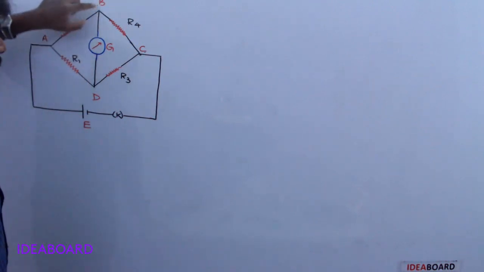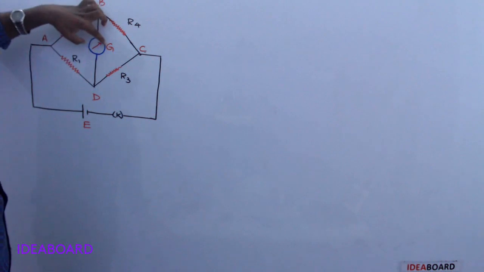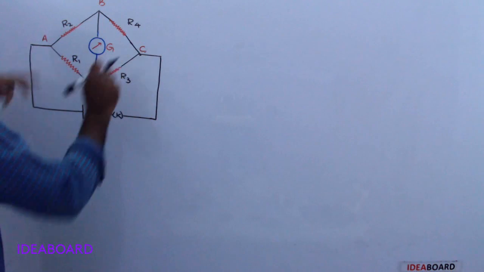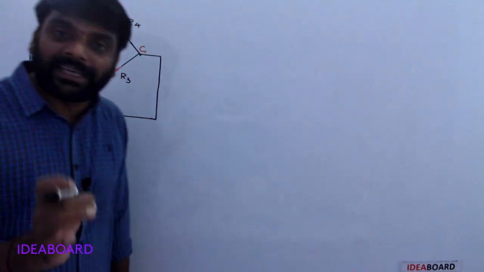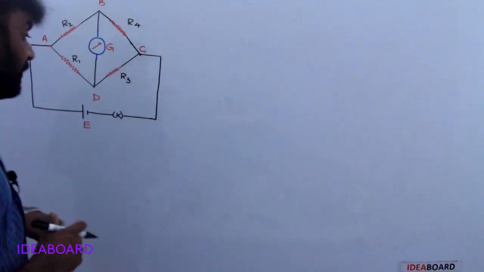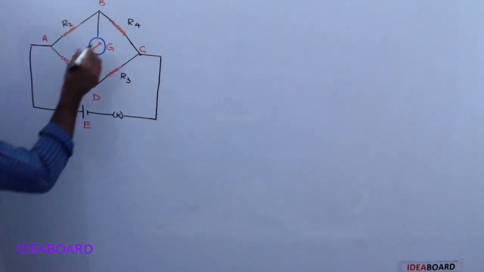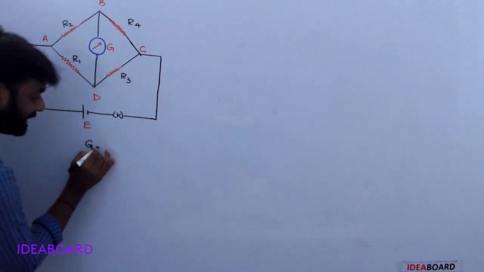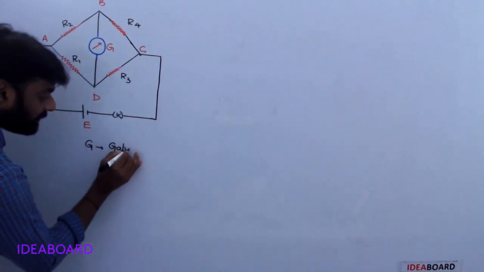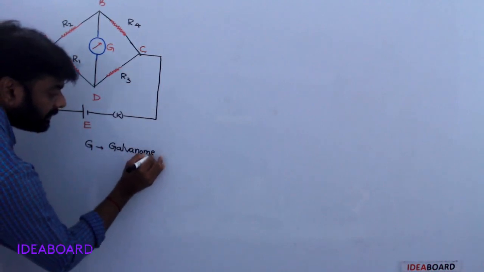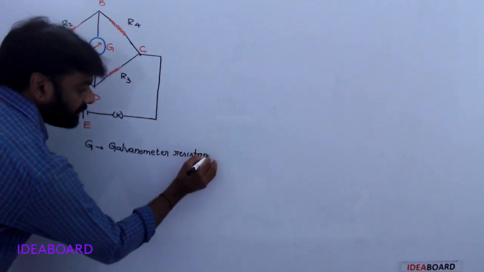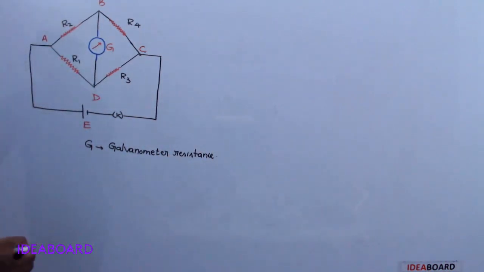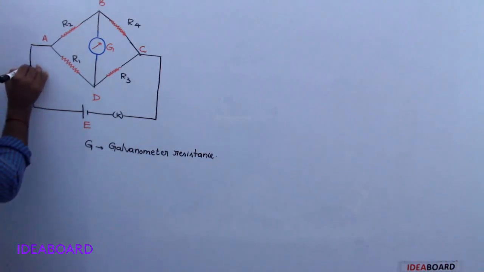The opposite corners B and D along the diagonal are connected with a galvanometer, whose resistance is G. The remaining opposite terminals are connected with a battery of EMF E and its key K. G is the galvanometer resistance. Understood?